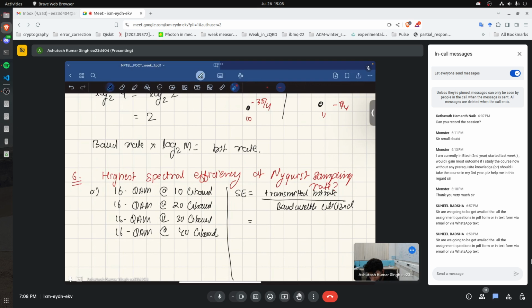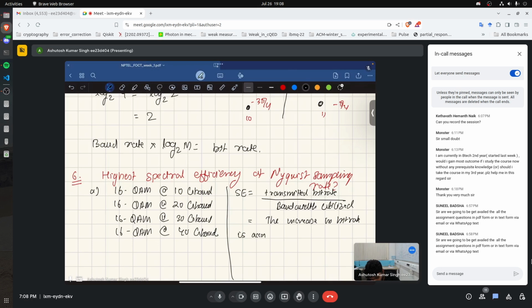What that means is that the increase in bit rate is accompanied by an increase in bandwidth.